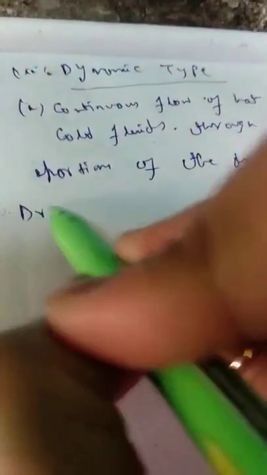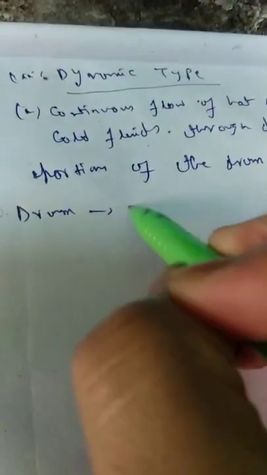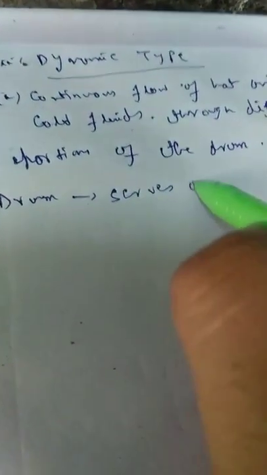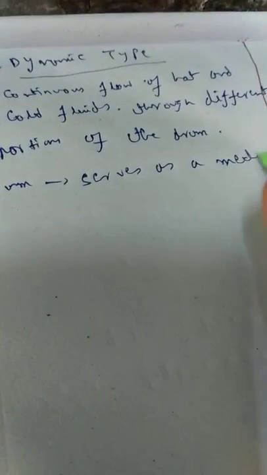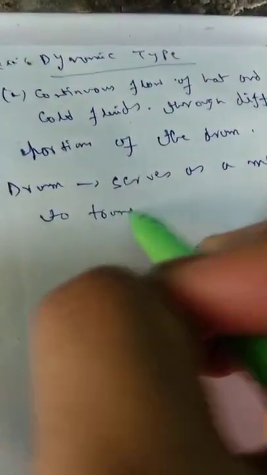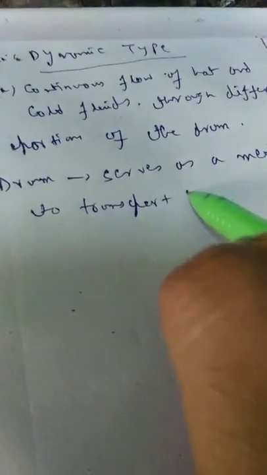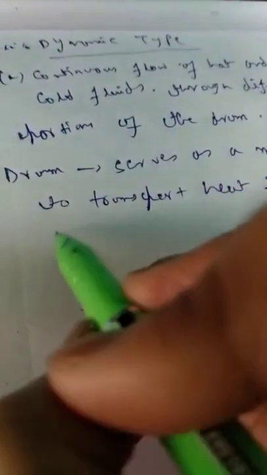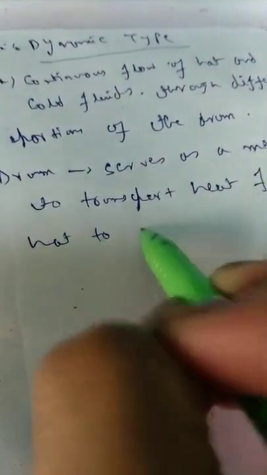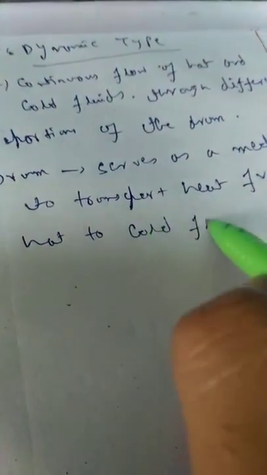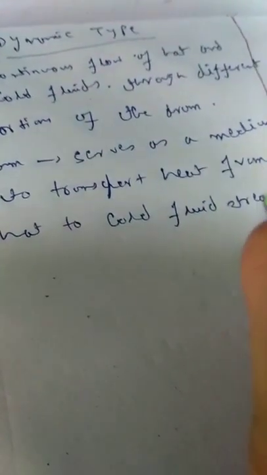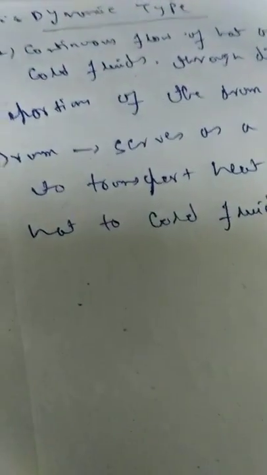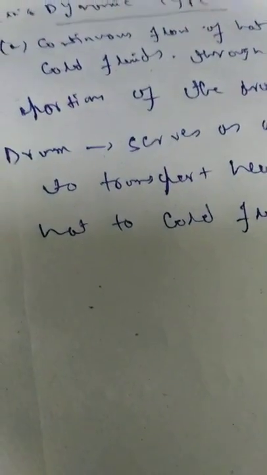So basically this rotating drum serves as a medium to transport heat from the hot to the cold fluid stream. So this is about the dynamic type of regenerative heat exchangers.